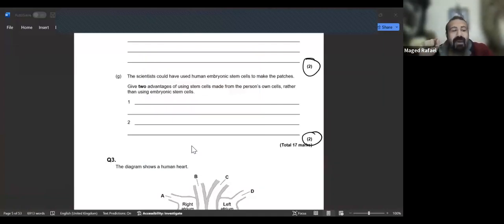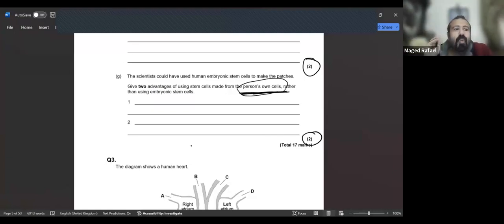I'm not asking about the function. I'm asking about the advantage because we answered already about the function. I want you to think about the advantage of using stem cells made from the person's own cells. Whenever you find this word in any question, you should think all of a sudden about the rejection.